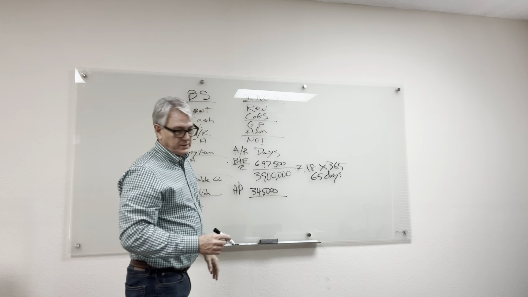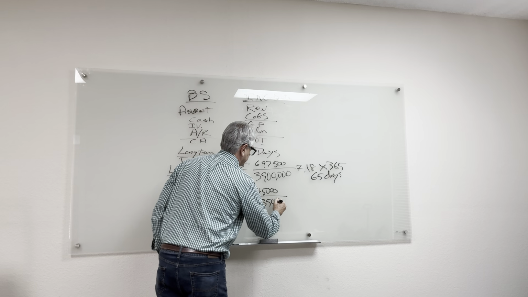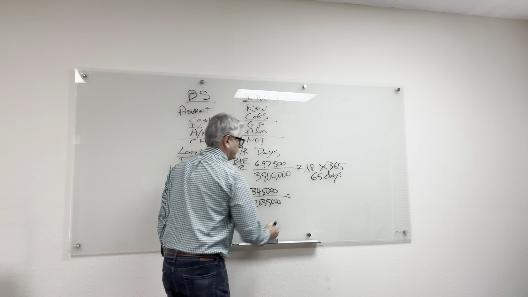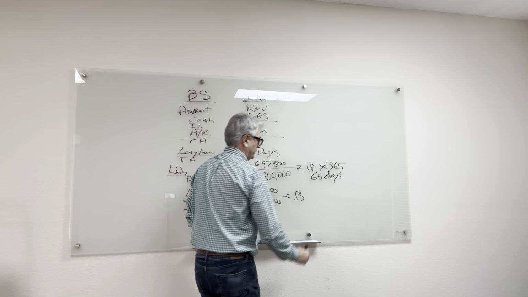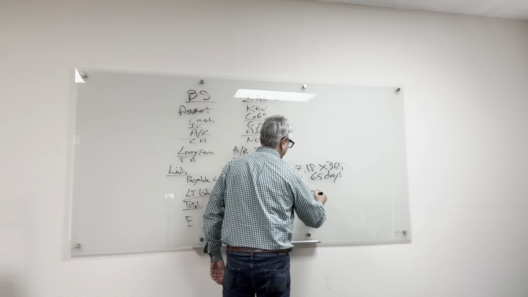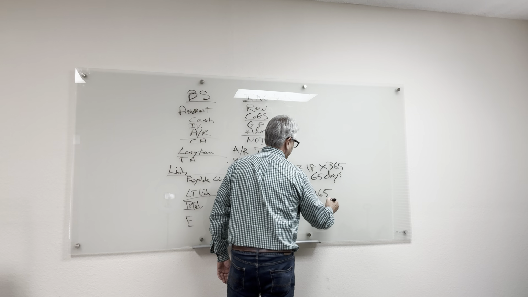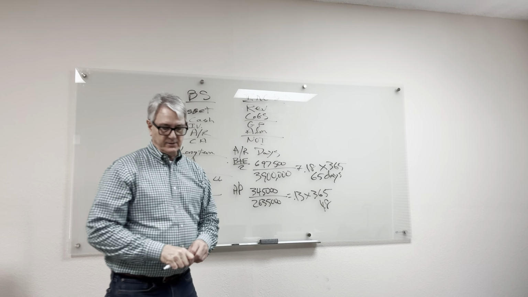And that was $2,635,000. So that'll give us a percentage as well, and that's 13%. Multiply that by our 365 days, and that comes to 48 days.